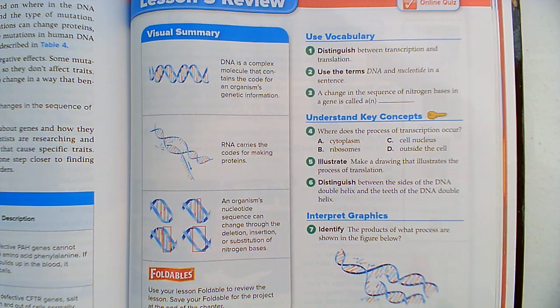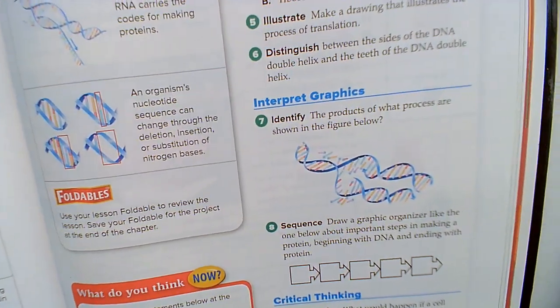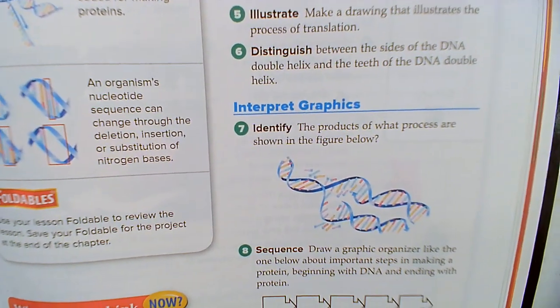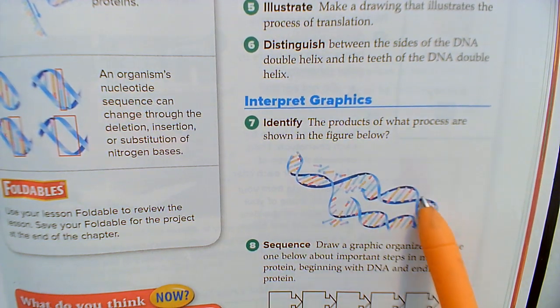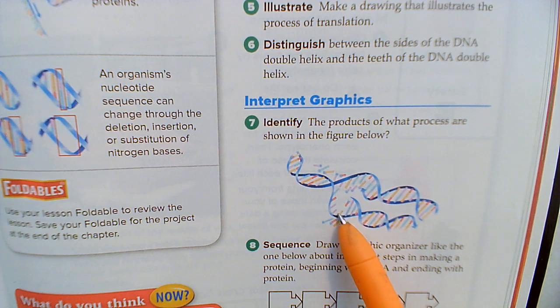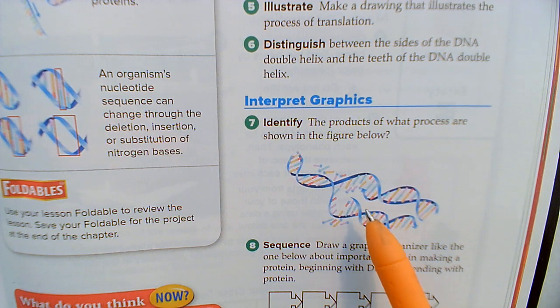Number 7 says, identify the products of what process are shown in the figure below. Let's take a little closer look at the process shown in the figure. It looks like the DNA is coming apart and either side is getting its partner replaced. So it looks like this is a picture of replication.